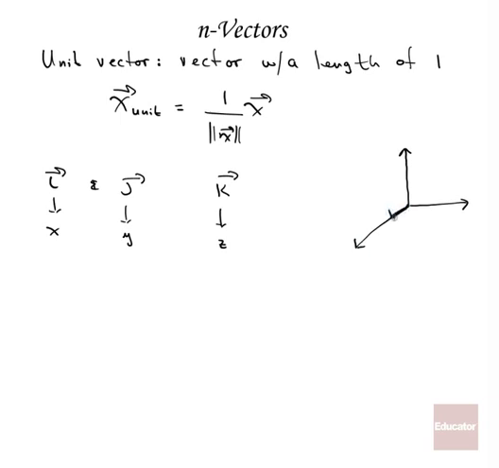That is a vector of length 1. That is i in the x direction. That is a vector in the y direction. Call it j. And the vector of length 1 that moves in the z direction is called k.